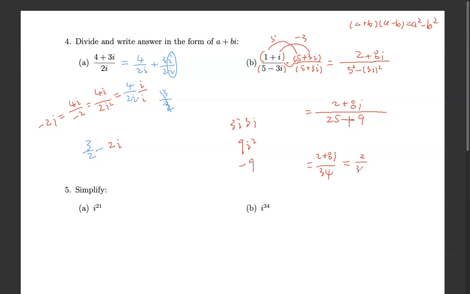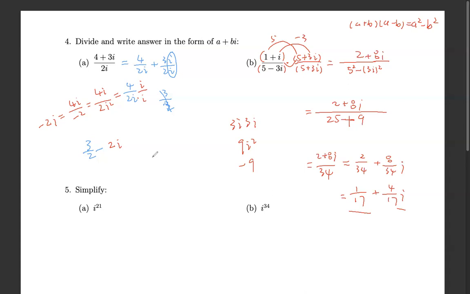So 2 divided by 34 plus 8 divided by 34i. 2 divided by 34, we can divide by 2 in the numerator and denominator, so we get 1/17. Similarly, for the second one, we divide by 2, so that becomes 4/17 i. So the real part is 1/17. The imaginary part is 4/17.